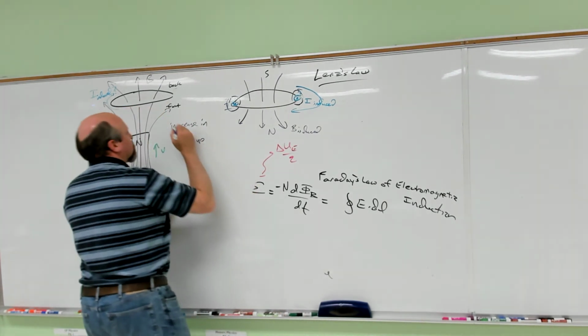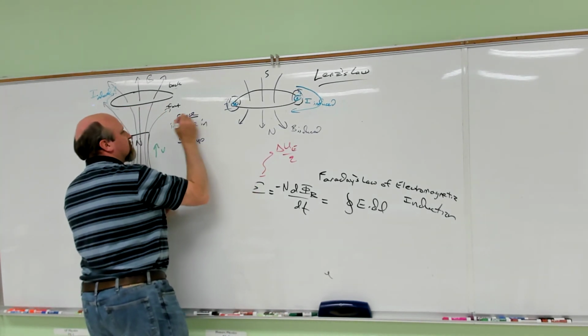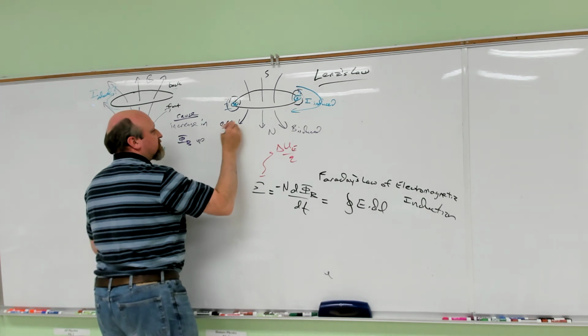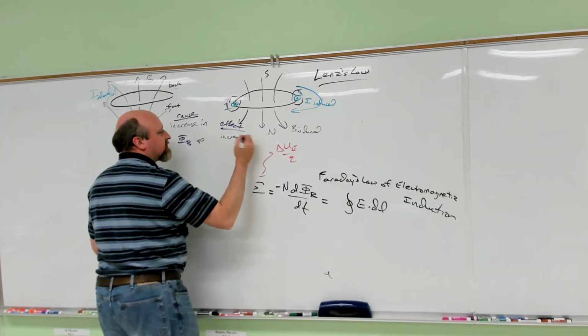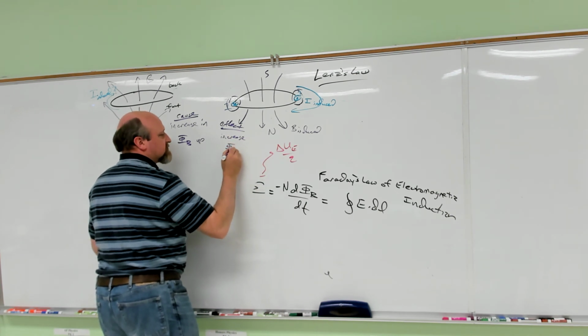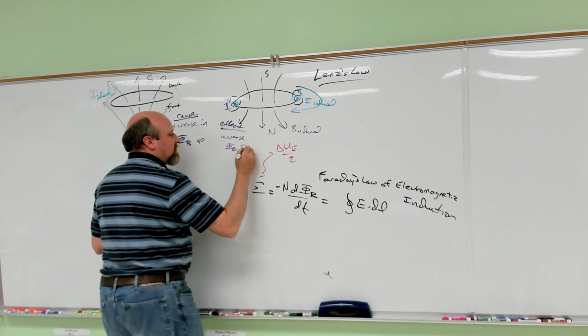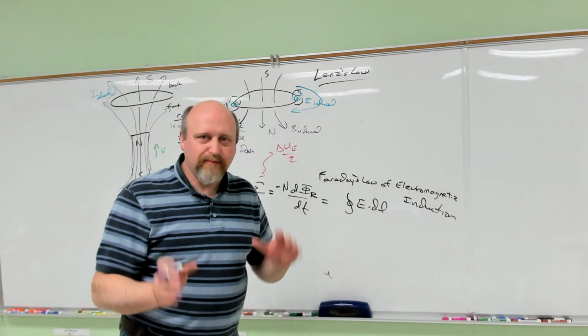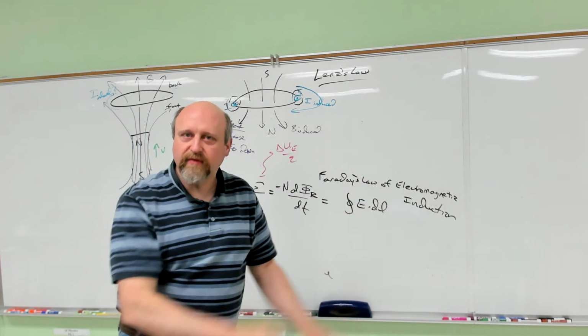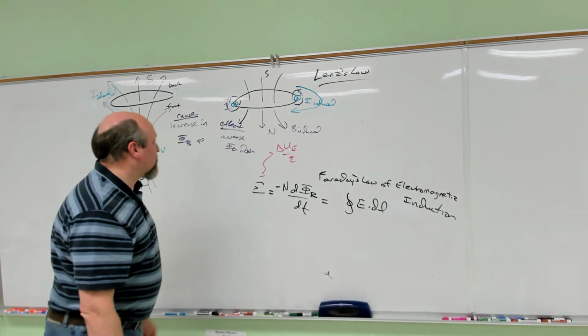Okay? So my cause, the effect, current flows to increase the flux going down. It always, through the loop, always tries to fight against the change, to maintain the status quo, what it had before. That's the idea.